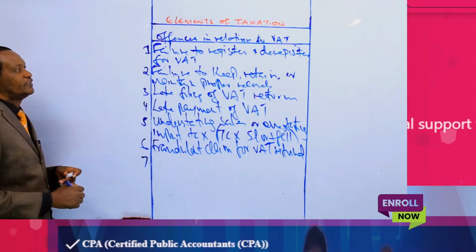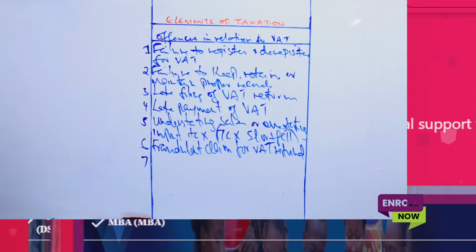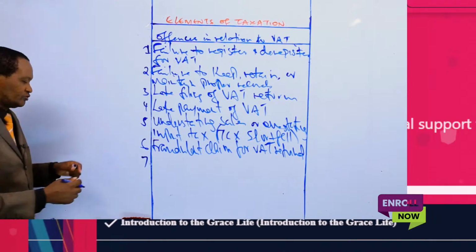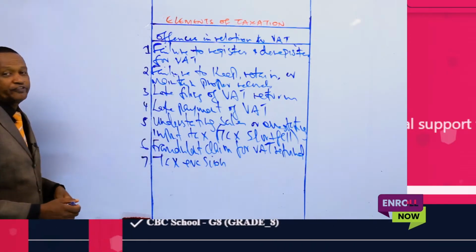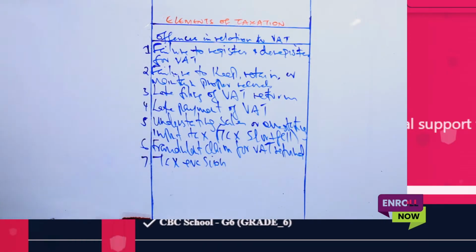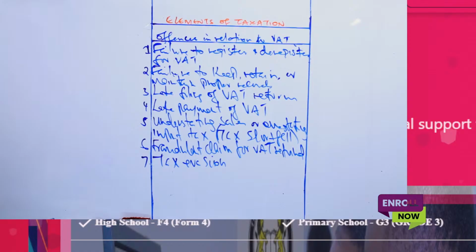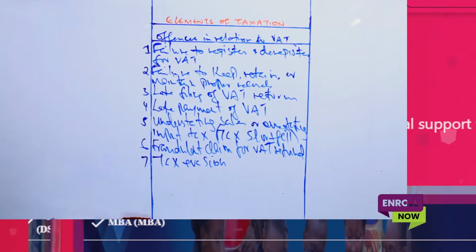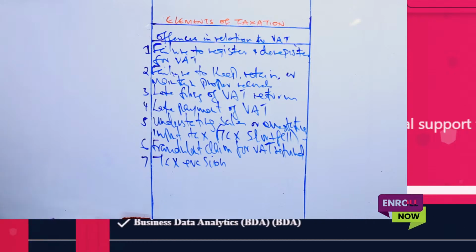The 7th offense in relation to VAT is tax evasion. Tax evasion is an offense. And the offense broadly includes any deliberate act or omission designed to illegally reduce or avoid a tax liability, including VAT.